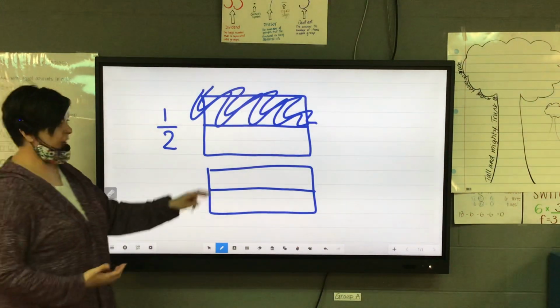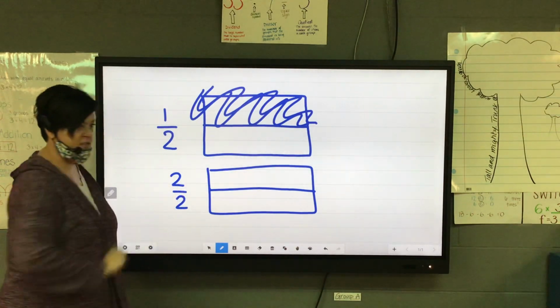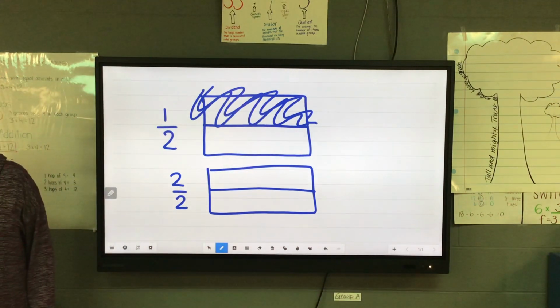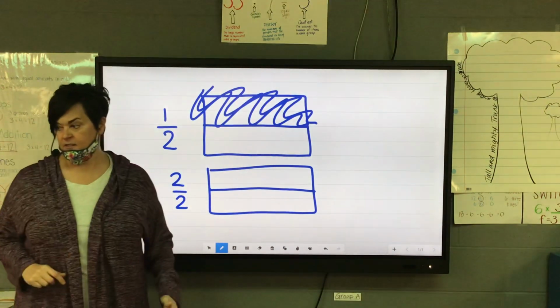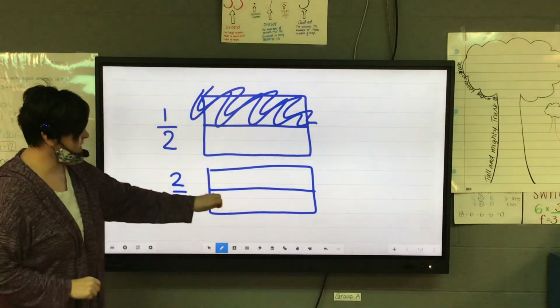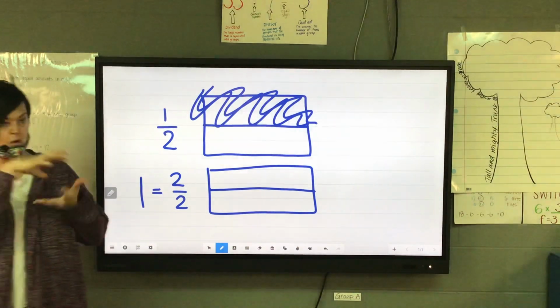Two halves. I have 2 halves. Have you ever seen a fraction like that? No. If I have 2 halves, do I have the whole thing? Yep. I have this piece and I have this piece. That means I have the one whole thing.